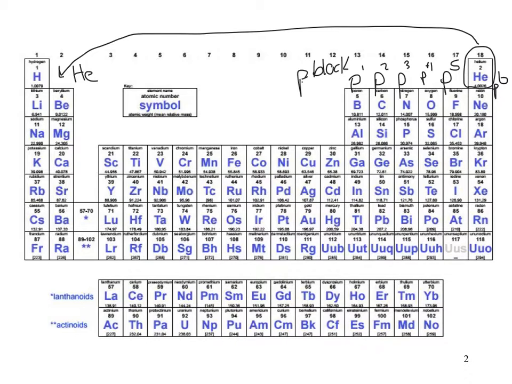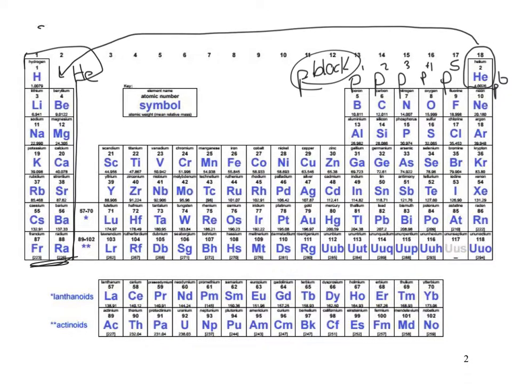The p block has 6 things across. If you think about the other orbitals we've been working with, one of the other orbitals is the s orbital, and the s orbital can fit 2 electrons. Looking at your periodic table, you probably noticed that right over here we have 2 elements.